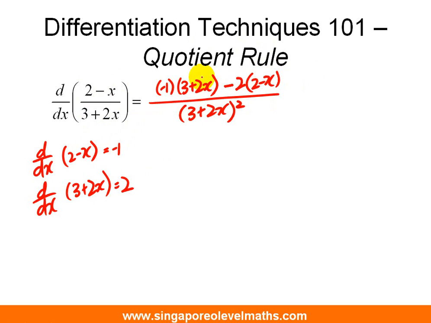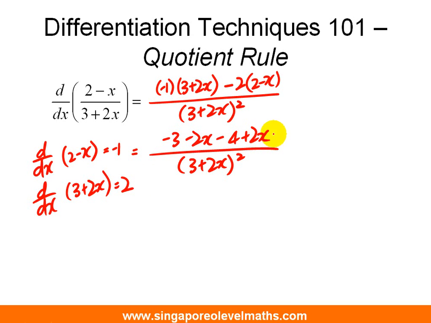So at this step, you are basically done with differentiation. What happens next is just simplification. So I'm going to simplify my numerator. So the final answer in this case will be minus 7 over 3 plus 2x whole thing squared.